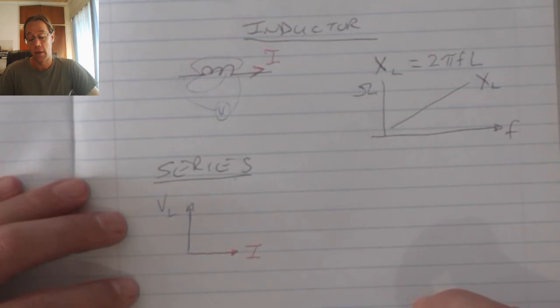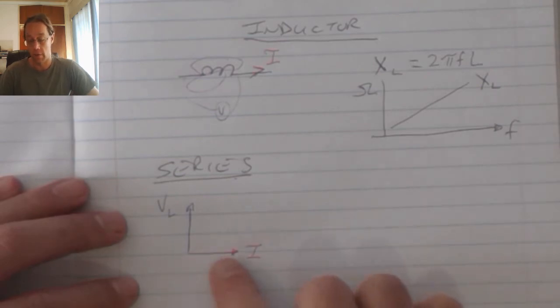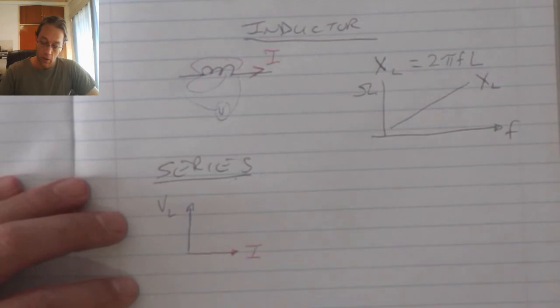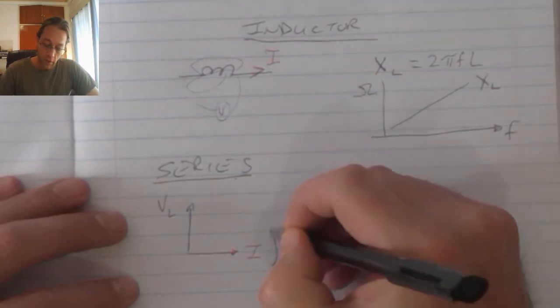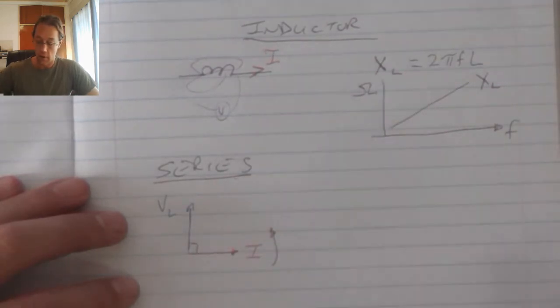In series circuits, my current is the reference, it's the same through all the components, and the voltage divides up over the three components. That's why my current is the reference. As it's a pure inductor, that phase shift there is 90 degrees.